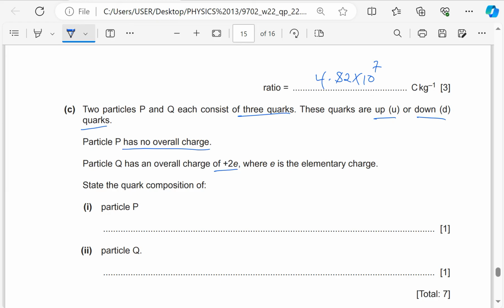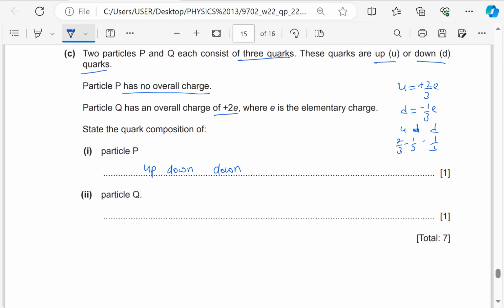So this could be up, down, down. You can check. Remember the charge of up is plus 2 over 3e and the charge of down is minus 1 over 3e. So when you sum up, down, down, when you add 2 over 3 minus 1 over 3 minus 1 over 3, you get 0.